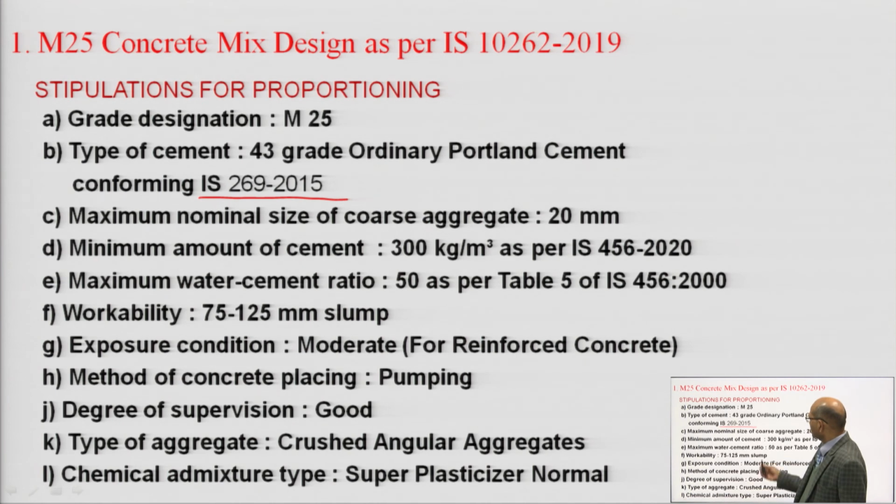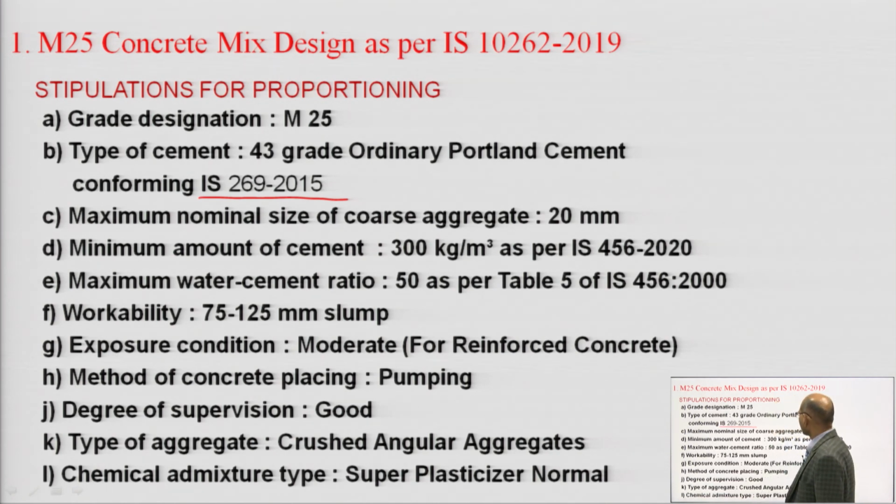Earlier there were different codes for different ordinary Portland cements, and now they have combined all the properties in only one code, IS 269 2015. So, this specification also you are supposed to check. Whenever you get the cement from the field, we have to do the testing and satisfy the requirement of 43 grade ordinary Portland cement.